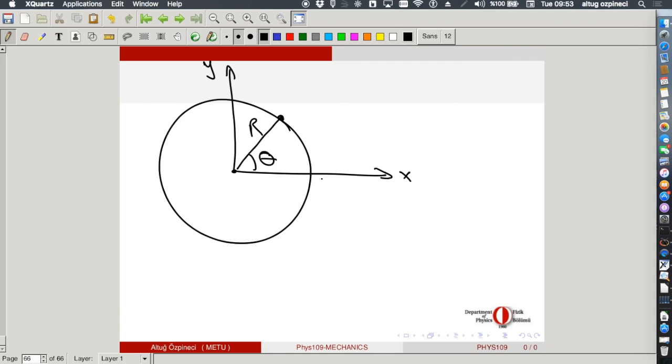So let's just say that at t equal to 0, my object is right over there. So what is theta as a function of time? If it is doing uniform circular motion, what is theta as a function of time?